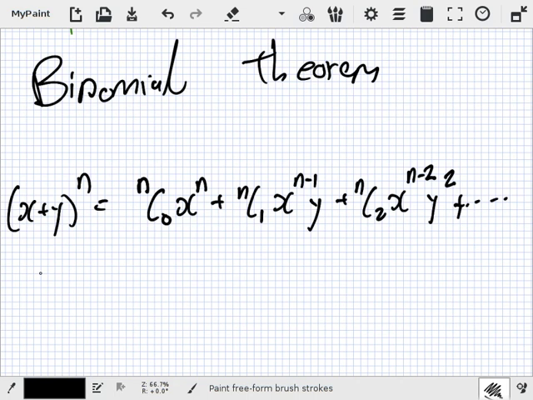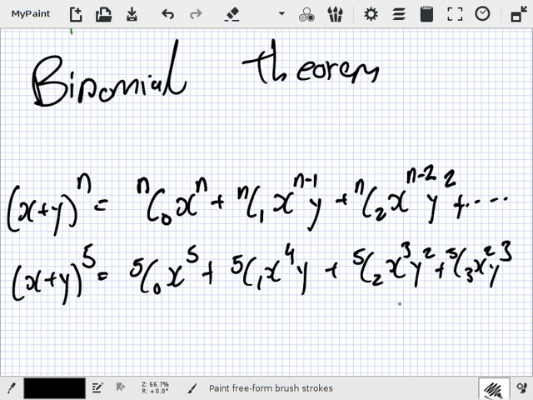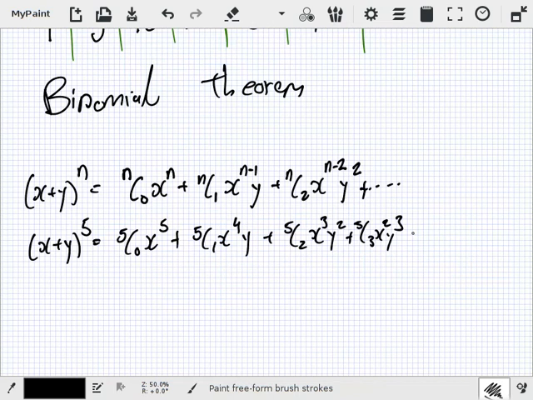So for example here, if I wanted (x plus y) to the power 5, that would be 5C0 x^5 plus 5C1 x^4 y plus 5C2 x cubed y squared plus 5C3 x squared y cubed plus 5C4 x y^4 plus 5C5 y^5.